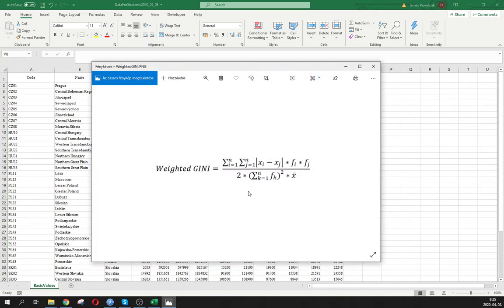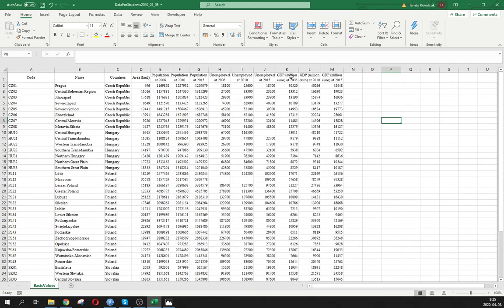This is it. This is the same and really similar to the unweighted GINI, but we have a weight, which in this case is the population.